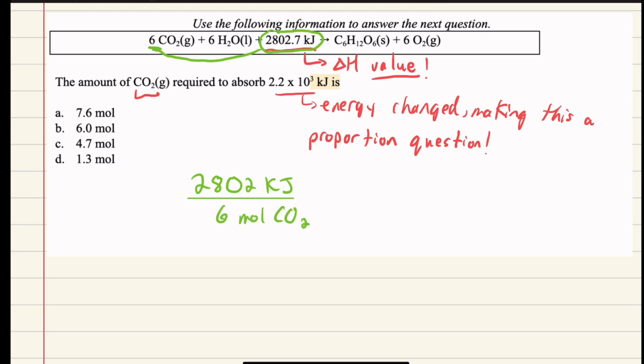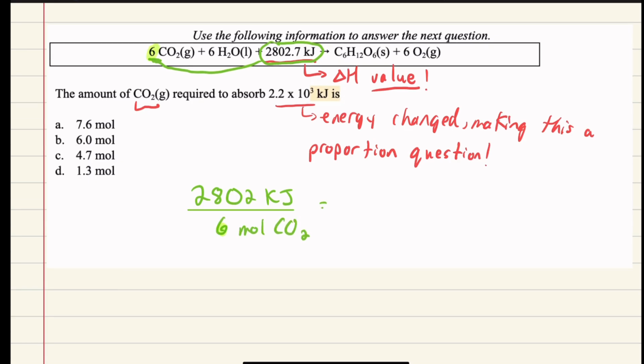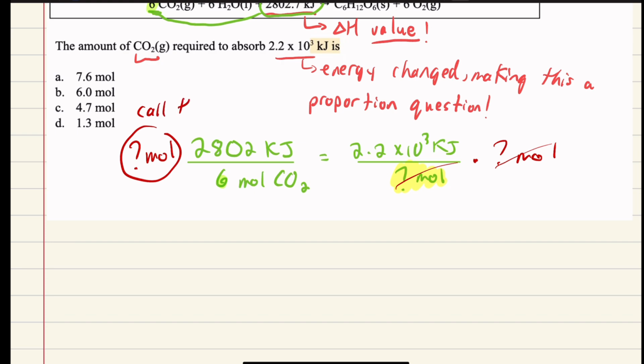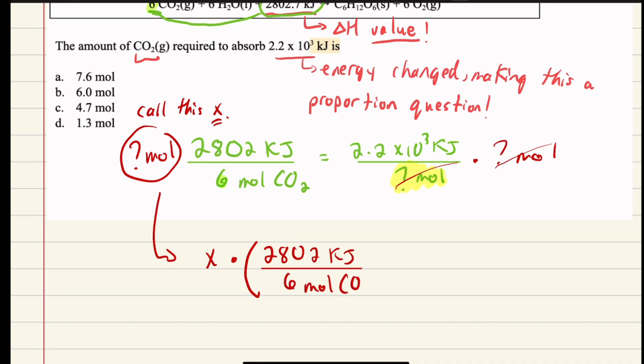And remember that the energy in the equation becomes part of the chemical equation, and we're talking about in terms of the mole ratio. So that's 2,802 kilojoules per 6 moles of carbon dioxide is equal to, well, 2.2 times 10 to the 3 kilojoules over, well, how many moles? So if we isolate for the amount of moles, we plug this in, and we can call this X. We would have X multiplied by 2,802 kilojoules per 6 moles of CO2, and that's equal to 2.2 times 10 to the 3 kilojoules.